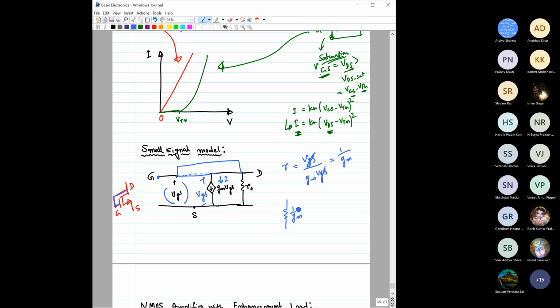Now you have an output resistance already, which is R naught. And here you have these two terminals, which are the drain and the source. So this would be the equivalent representation of this enhancement load. Is it clear to you?